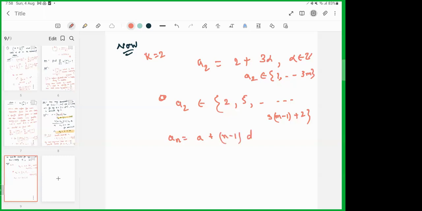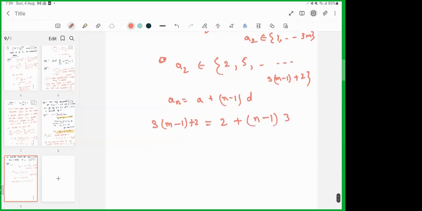So your a_n is basically 3 into m minus 1 plus 2, a is 2, d is 3, and you need to find n. Computing, 3m minus 3 plus 2, that is 3m minus 1, should equal 2 plus 3n minus 3.